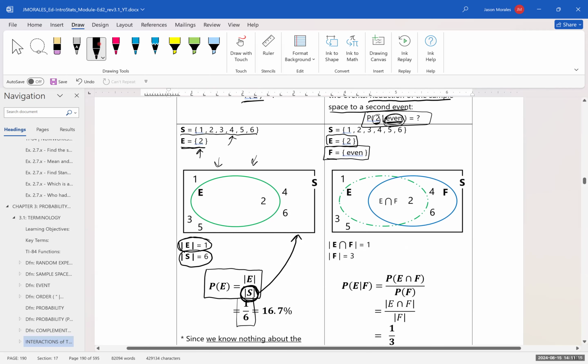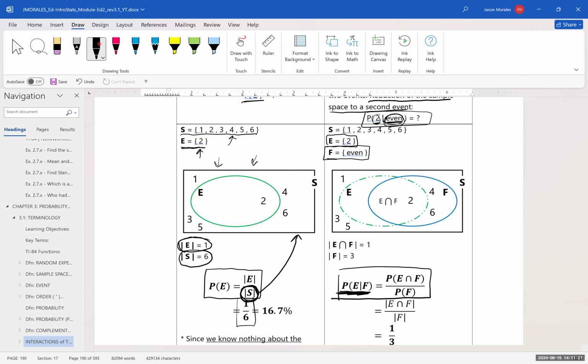And so the probability of E given that F occurs first is this formula here. It's the probability of E intersect F over the probability of F. And we can write the probability of E intersect F as the order of E intersect F, and the probability of F as the order of F. So how many elements do we have in the intersection between those two?